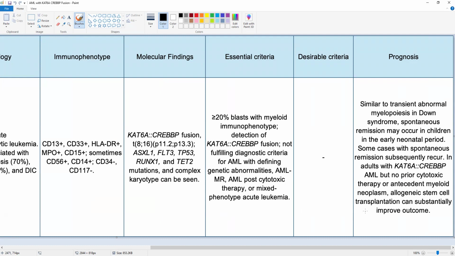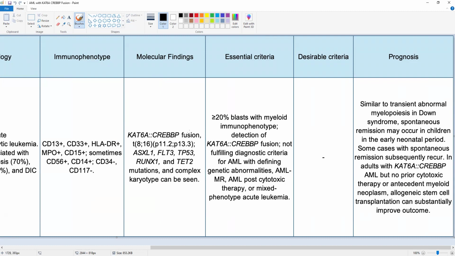Spontaneous remission may occur in children in the early neonatal period. Some cases with spontaneous remission subsequently recur, and in adults with CAT6A CREBBP AML but no prior cytotoxic therapy or antecedent myeloid neoplasm, allogeneic stem cell transplantation can substantially improve outcome in these patients.